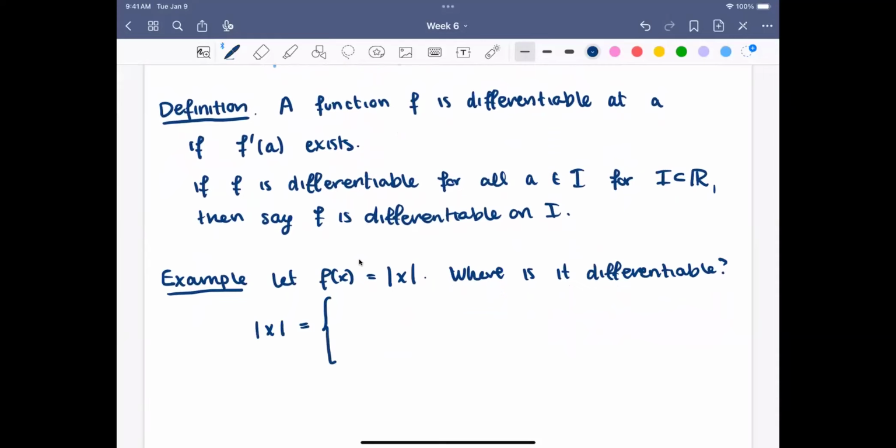When x is positive, the absolute value of x is equal to x. For negative values, the absolute value of x is negative x, because you need to multiply by a -1 to get the value. And when x is 0, this is 0. The graph looks something like this.